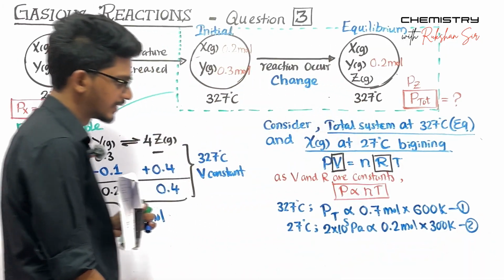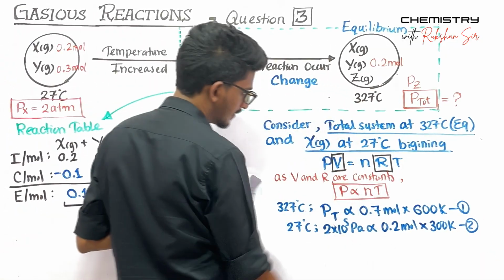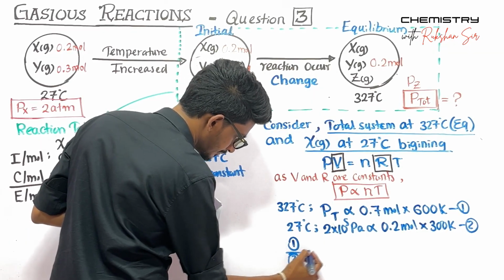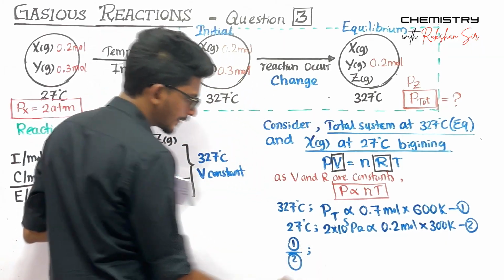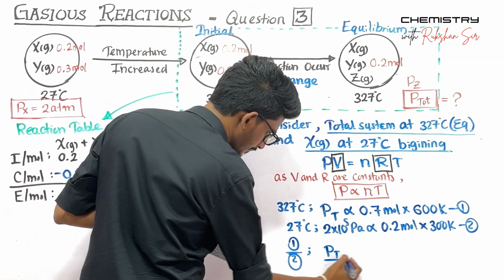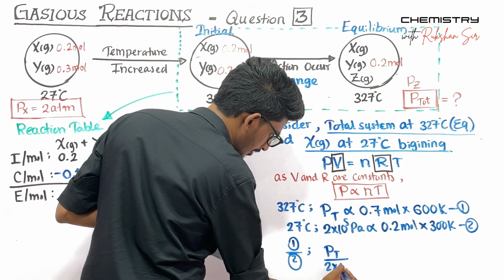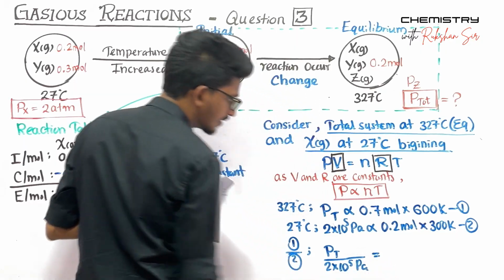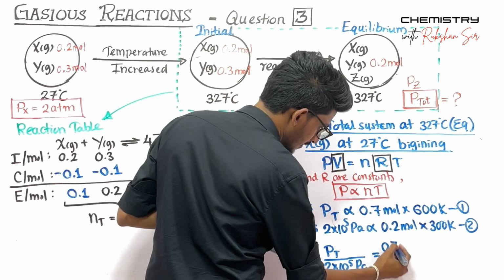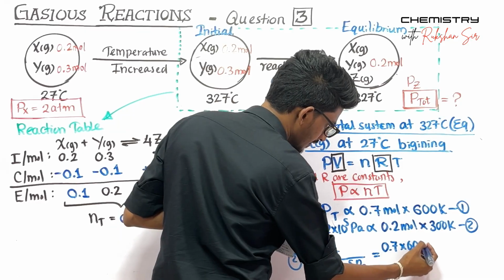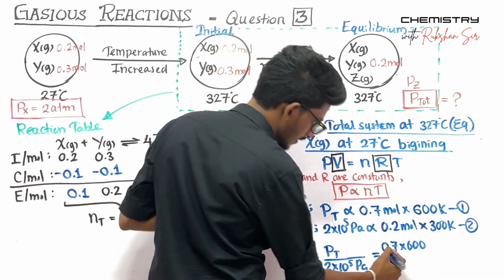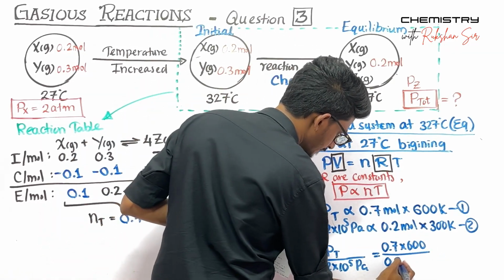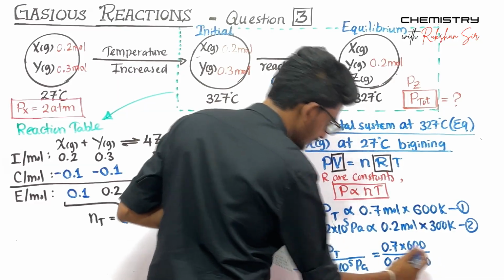If you divide these two, we come up with P total over 2 into 10 to the power 5 pascals equals 0.7 into 600 over 0.2 into 300.